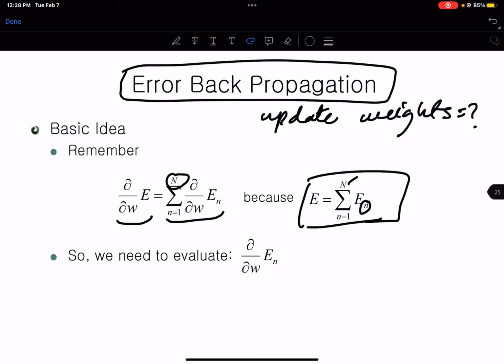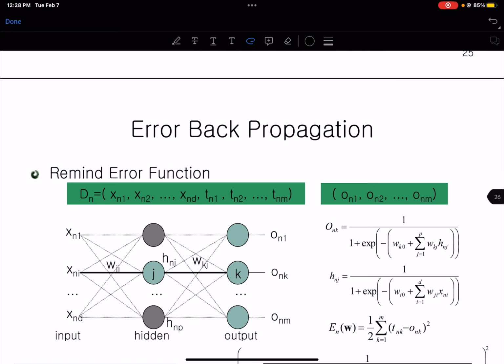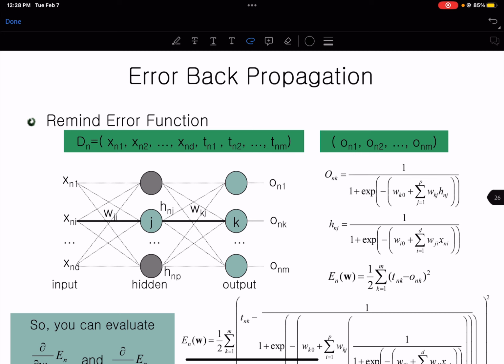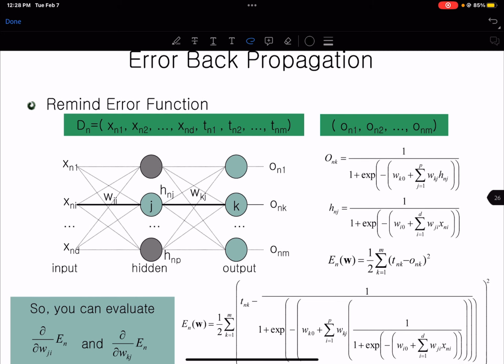We need to evaluate for each w the partial of our error E_n. Only if we take the partial can we update the weights using backpropagation.